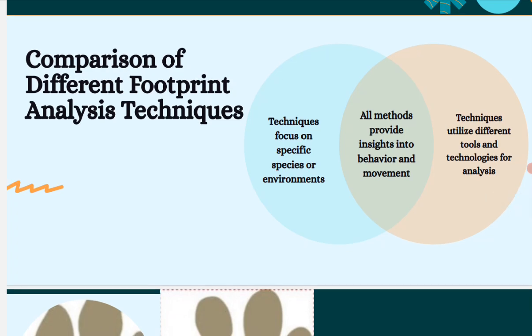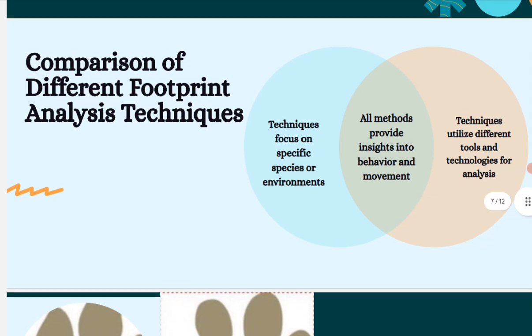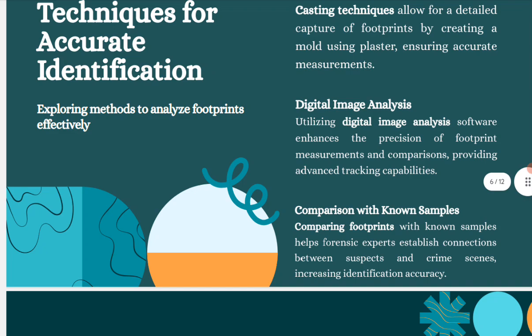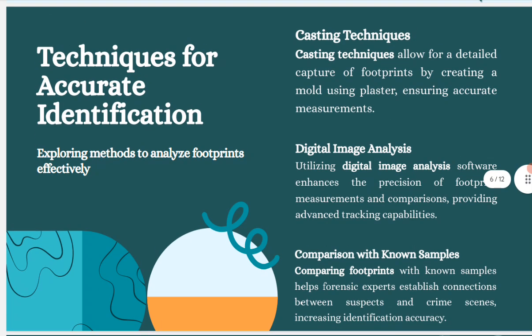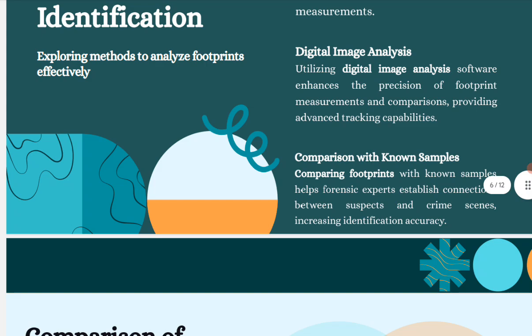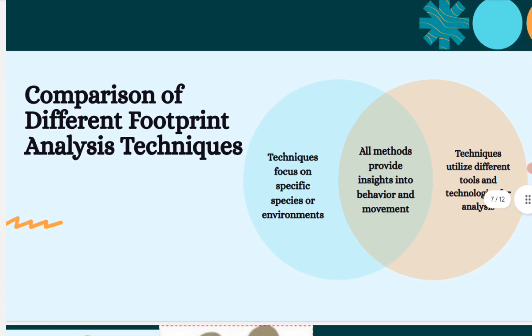Comparison of different footprint analysis techniques. Each technique offers something new, as we have studied earlier the three different techniques: the casting technique, digital image technique, and the comparison with the known sample.